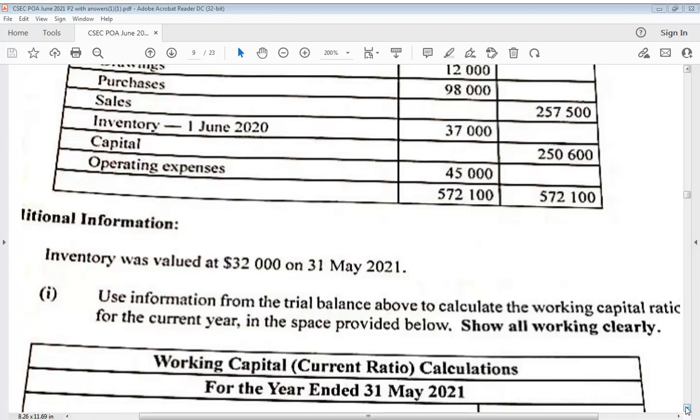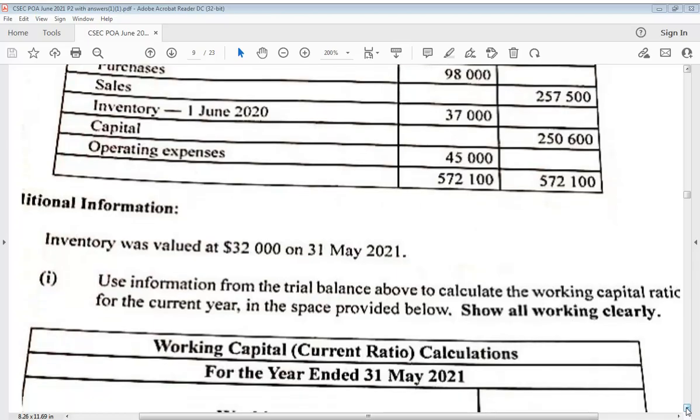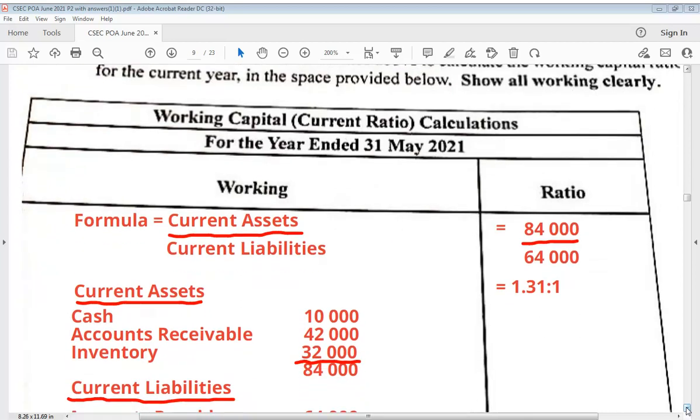Now, we know there is a formula for us to find our current ratio. What's that? We know that the formula says current assets divided by our current liabilities. So, what are our current assets? Well, what did they give us? They gave us cash, 10,000, accounts receivable, 42,000, and inventory, that's the closing inventory, 32,000.